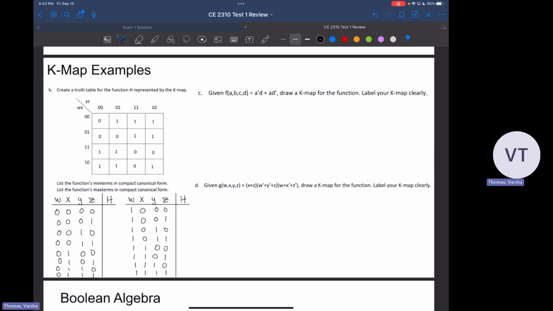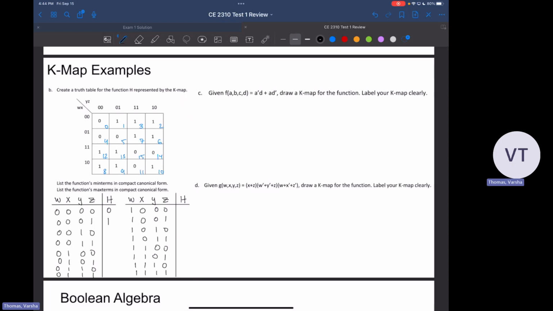Okay, so I've just written out my 16 rows for my truth table, and then I'm just going to start going row by row. So this is 0, 1. Remember that it is organized as 0, 1, 3, 2, 4, 5, 7, 6, 8, 9, 11, 10, 12, 13, 15, 14.